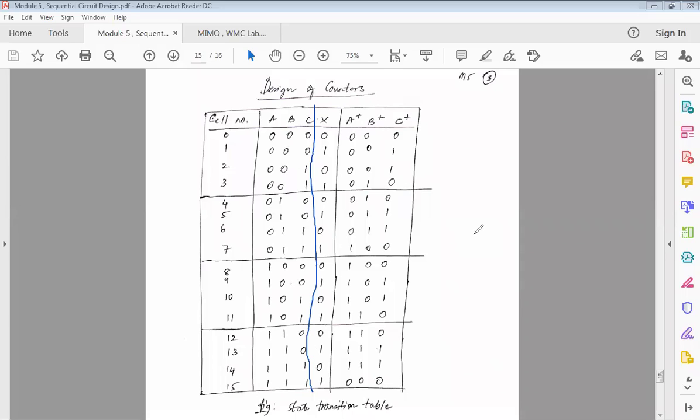See, for example, I think you would have studied in your lab experiments about the 7-segment display, right? In a 7-segment display, if you just have one digit, one IC, it will show you only one digit, isn't it? So the maximum that it can go is from 0 to 9. Can I show 10 on that single component?